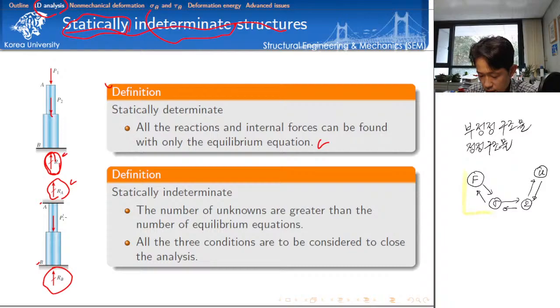To design a structure, we need to determine the stress field. So we use only the force equilibrium, and then we can determine the stress field. This is the character of the statically determinate structures.